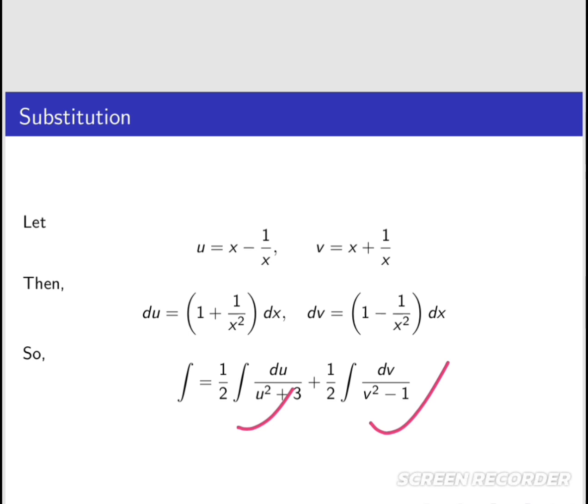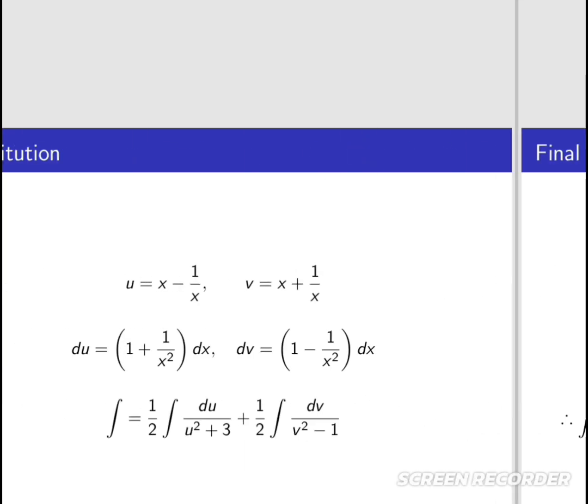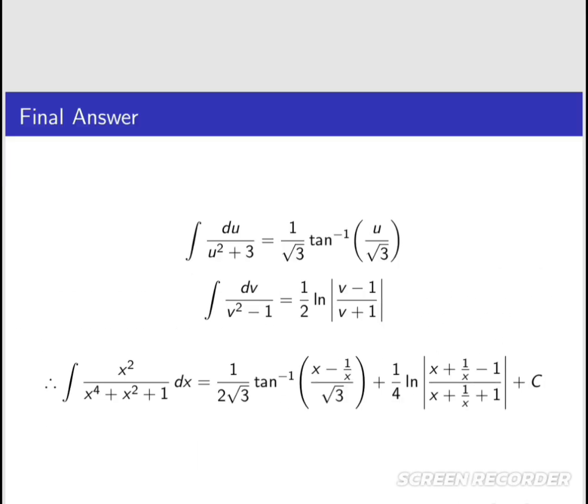We have direct formula to integrate these terms. Okay, these are the integration values. Integration of du by u square plus 3, that is tan inverse, and 1 is ln v minus 1 by v plus 1, and put the values here. So this is the result. Clear?